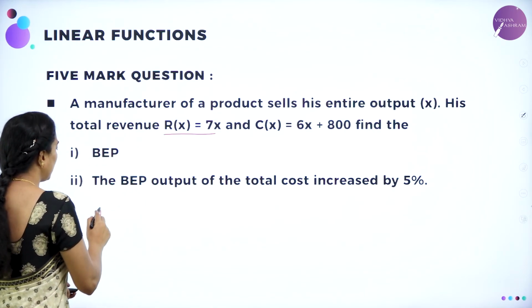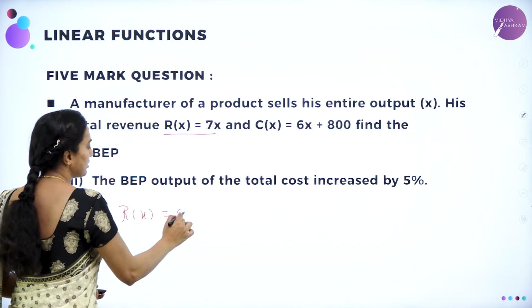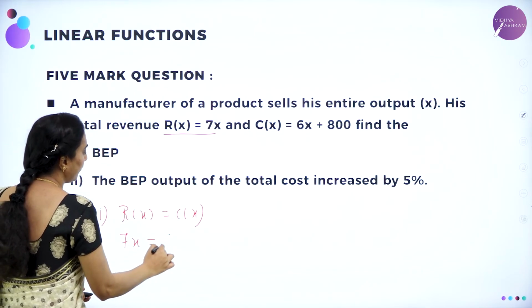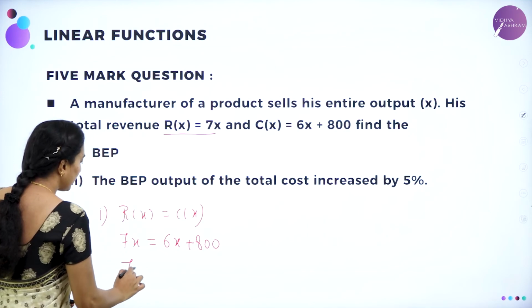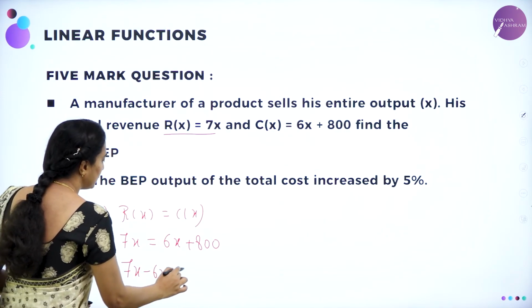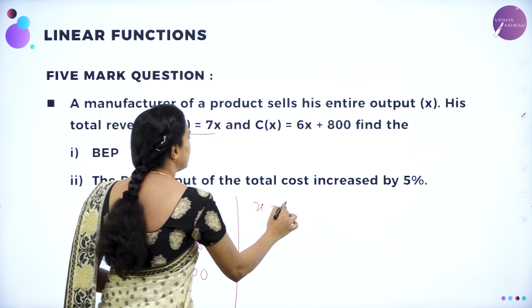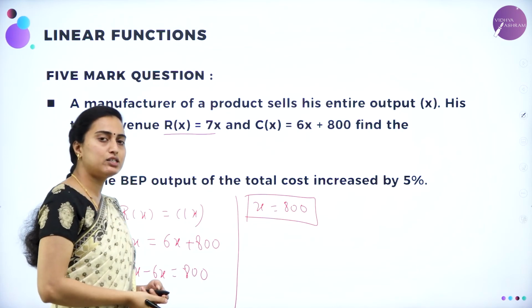The first one can be found by equating R of x equal to C of x. R of x is 7x, equal to C of x, which is 6x plus 800. Now 7x minus 6x will be equal to 800, so x will be equal to 800. This is the answer for the first one.